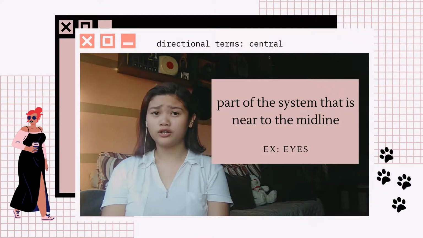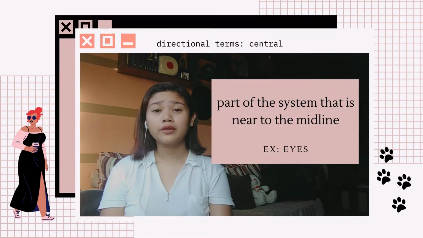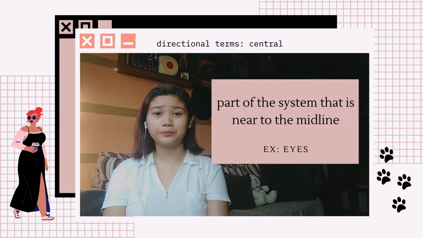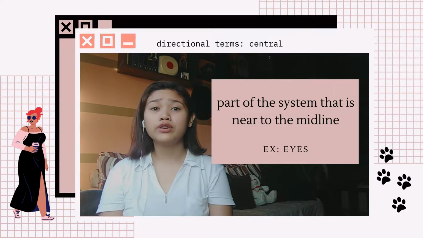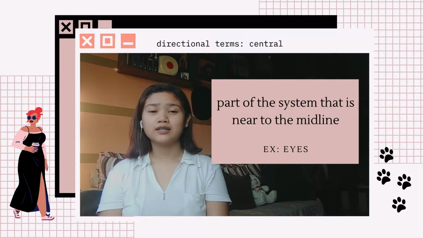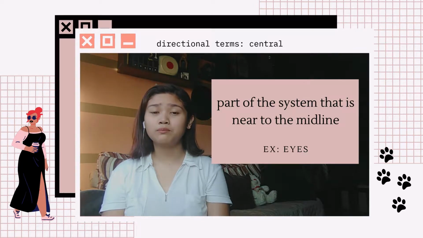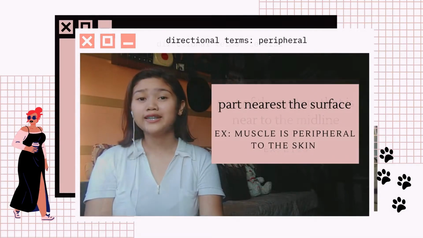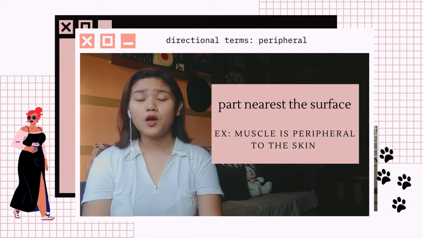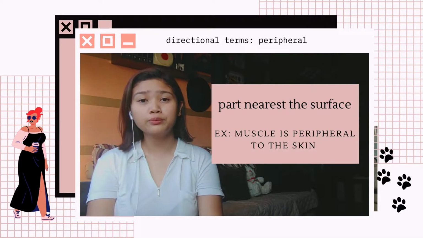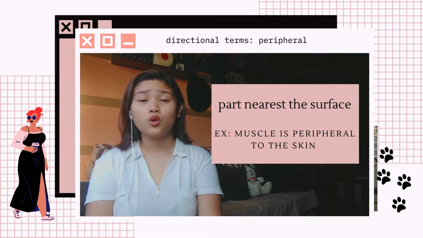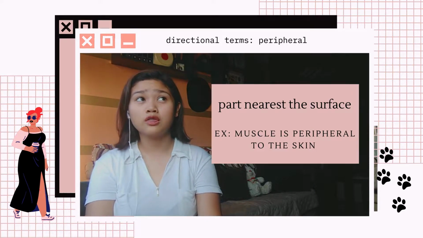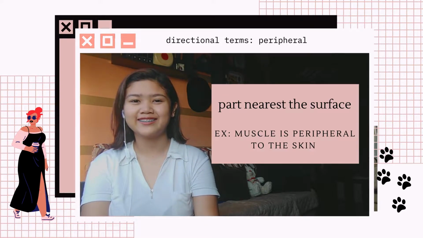Next is the central. Central is applicable to both an animal and a human body, which refers to a part of a system that is near to the middle. Next is the peripheral. Peripheral is a directional term which refers to the part of the body which is nearest to the surface.